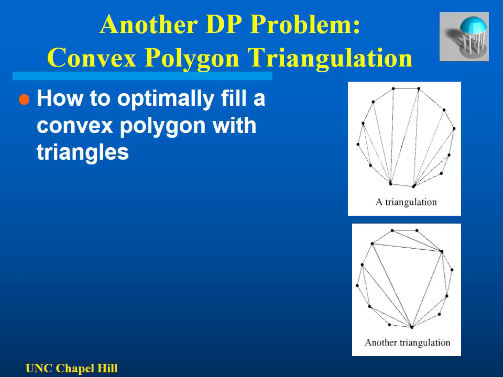We'll define the term convex polygon shortly, but here we have a polygon that is divided into triangles in two different ways. And the problem that we want to solve is which division into triangles is better according to a measure that we will talk about shortly.